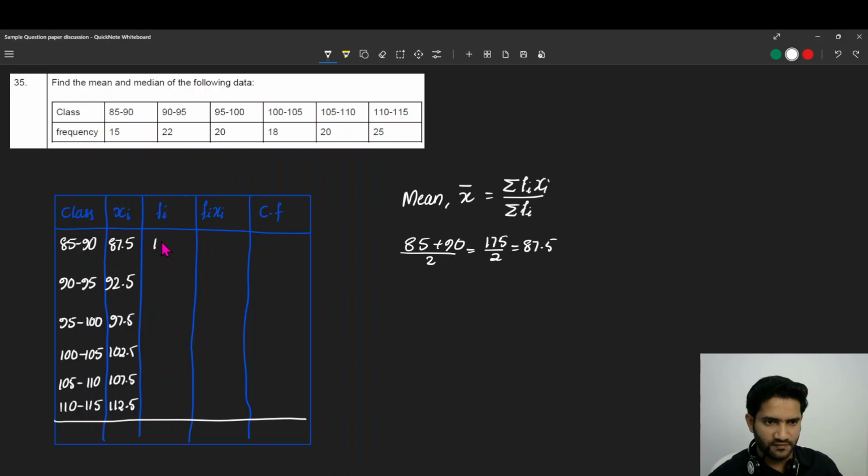Frequencies are given: 15, 22, 20, 18, 20 and 25.